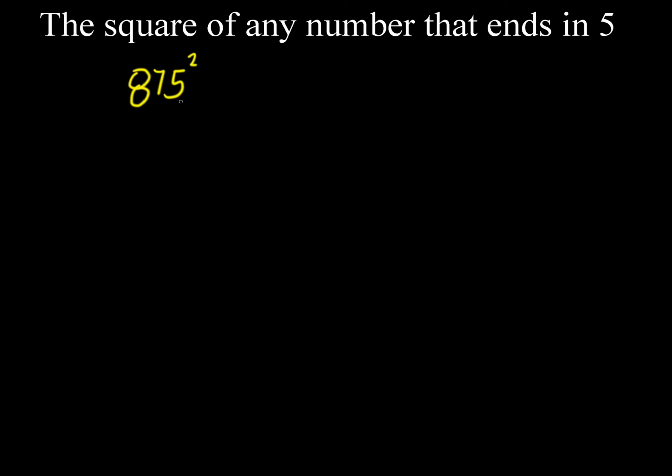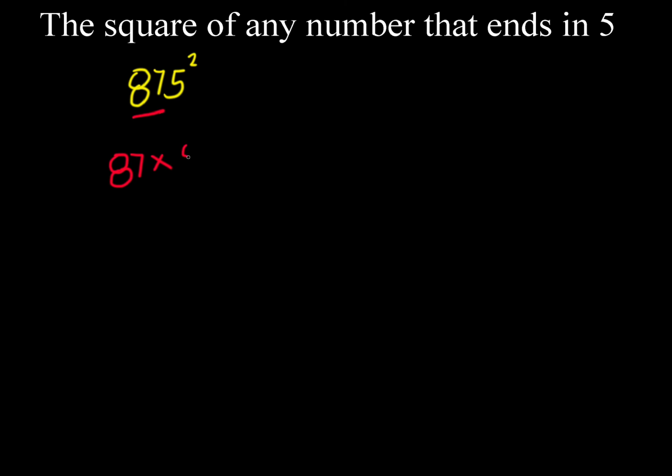So let's take a look at the number before your 5. In this case, that's going to be 87. So we want to take note of the entire number before your 5. Likewise, we write down your 87, and then we multiply it with the number that we get when we add 1 to 87.